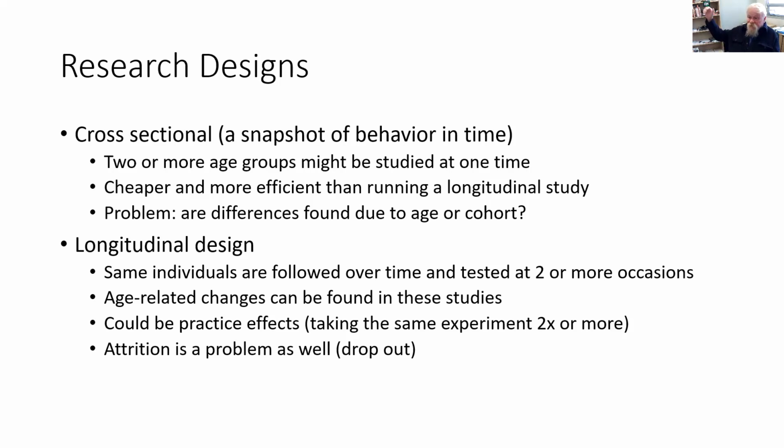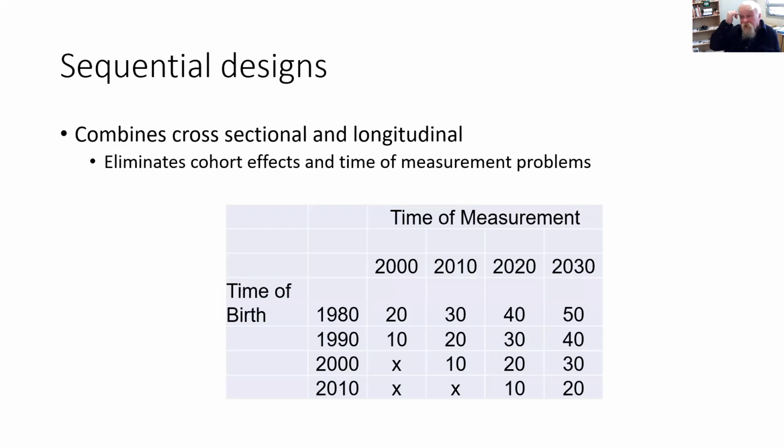And then again, if you contact them again to do the study 10 years later or 5 years later, you may only have 200 of the original 500 participants. Okay, so this is called attrition. You lose people over time who are just disinterested or maybe they passed away, right? Or something like that. So these are a couple of major research designs in developmental psychology, and especially in psychology of adulthood and aging, okay?